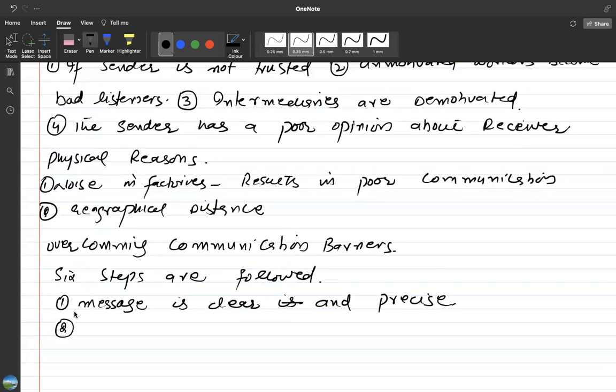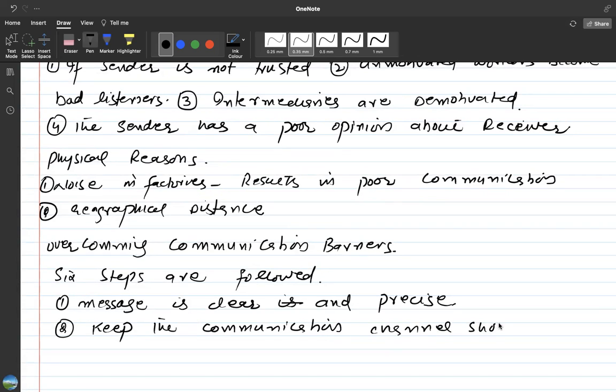Second, we can keep the communication channel as short as possible. We should always ensure that feedback is part of the communication process. Two-way communication is always more effective.